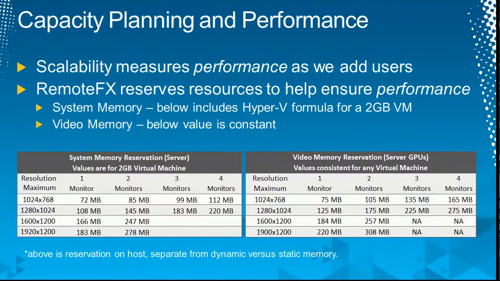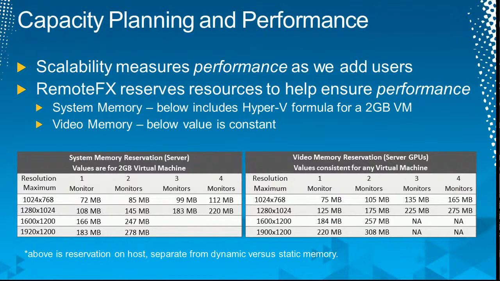On the lower right-hand side, what I have is something that RemoteFX introduces because we're the first to have a GPU. So with this GPU, we're also reserving resources. If I have a single monitor, 1900 by 1200, I would reserve 220 megabytes out of the video memory. So if I have a 2 gig GPU, and in all our tests we were benchmarking with 1280 by 1024, the maximum I would get is 8 users.